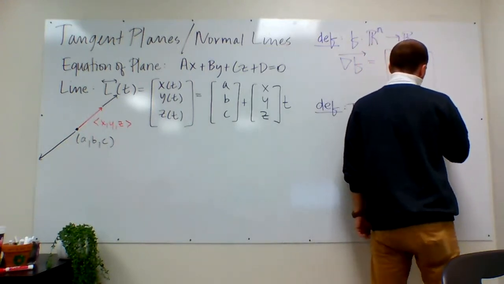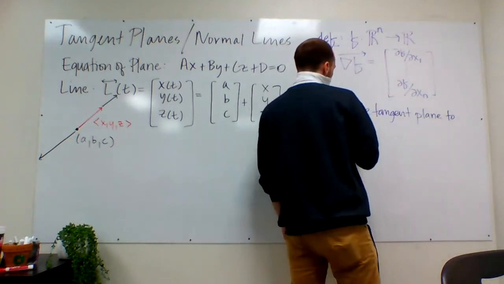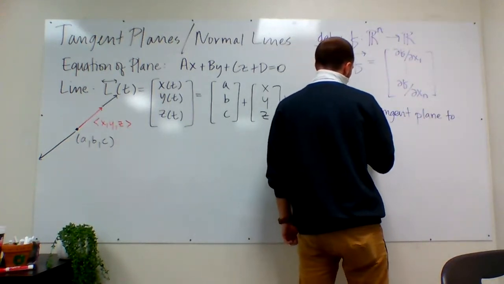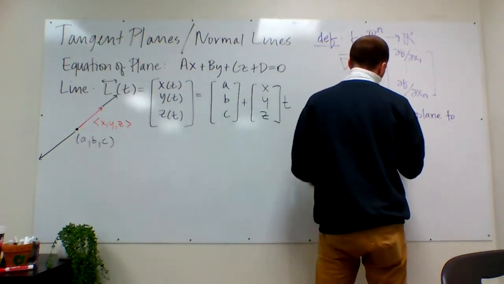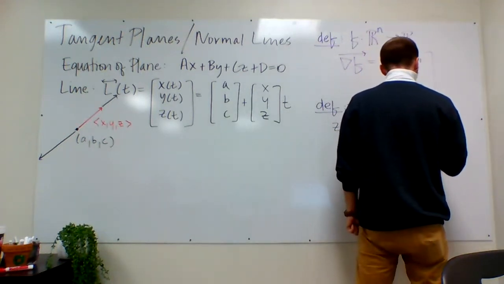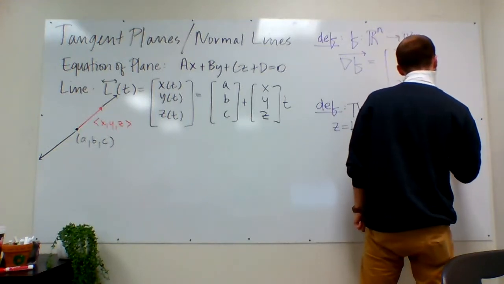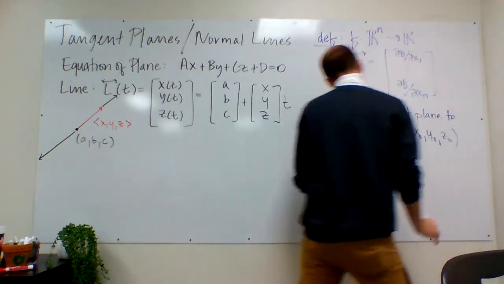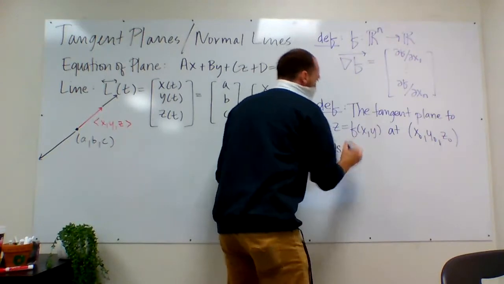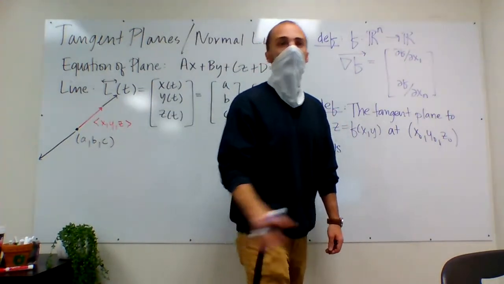The tangent plane to z equals f of x and y at the point (x0, y0, z0) is, okay, hold on, it's exactly what you would expect, honestly.